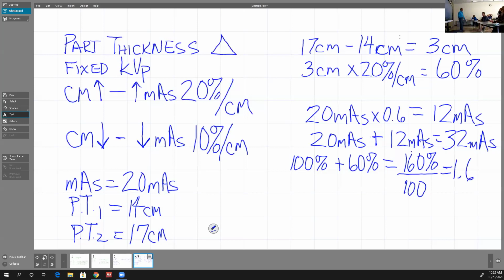So if you just take that 20 times 1.6, you're going to end up with 32 as well. I like to go long route first. I've lost students right here so many times you wouldn't believe it. Yeah. Any questions on that one?